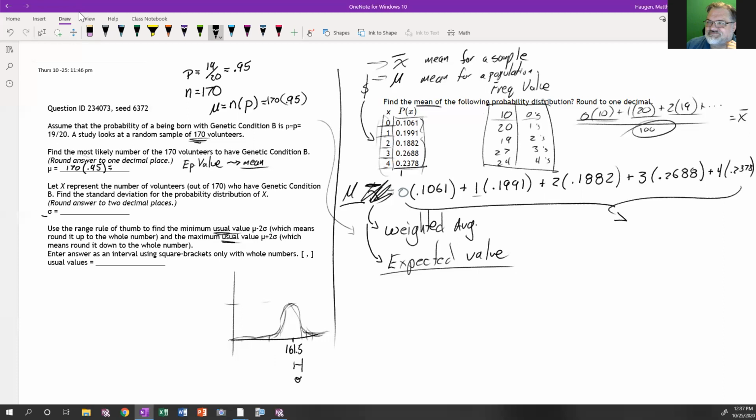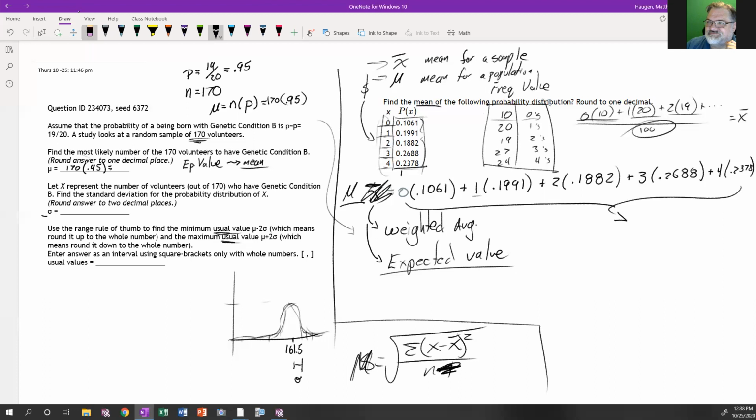And you might remember that big formula, that sample standard deviation was the square root of the sum of the individual deviations squared divided by one less than the sample size. If it happened to be a population value, a mu, it was just divided by the sample size itself.